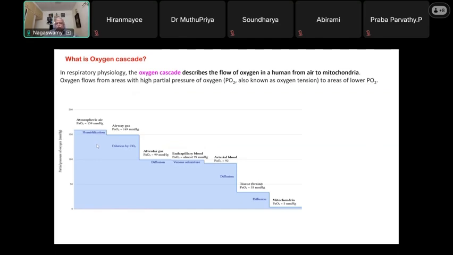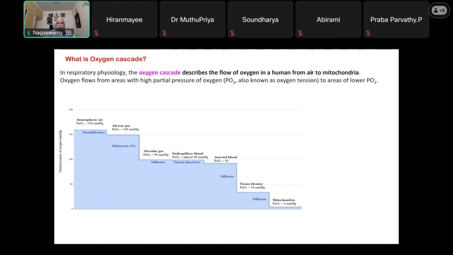Please recall how we calculated: FiO2 multiplied by barometric pressure minus water vapor pressure, minus PaCO2 divided by respiratory quotient. Then we arrive at a value of almost 100 millimeters of mercury at the alveoli. So that is the alveolar partial pressure. From the atmosphere of 159, it comes to about 100 millimeters at the alveoli.